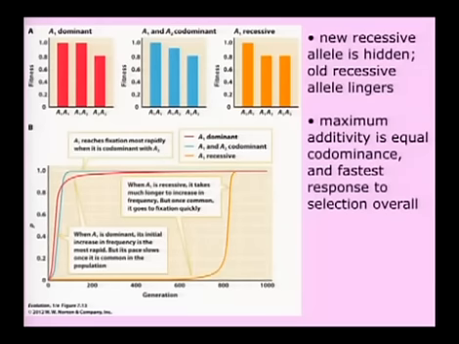And the yellow one is where you have a new recessive allele, and it has higher fitness, right? So A1 has higher fitness than A2, and the heterozygote is just like A2, just like the old-fashioned type, right?